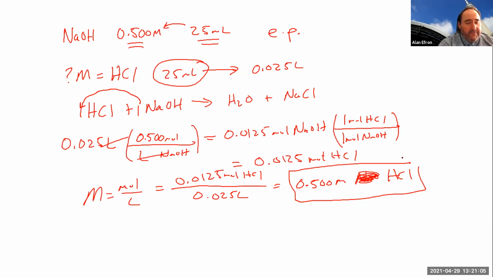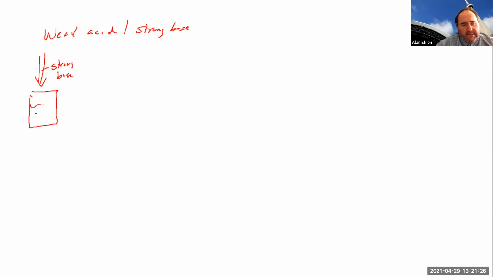All right, so that was one type of titration. We talked about a couple of other ones as well. We talked about a weak acid, strong base titration. Same deal on this: the setup is our base up in the burette, adding to our beaker or flask with our weak acid.